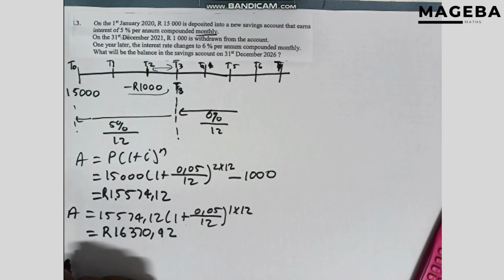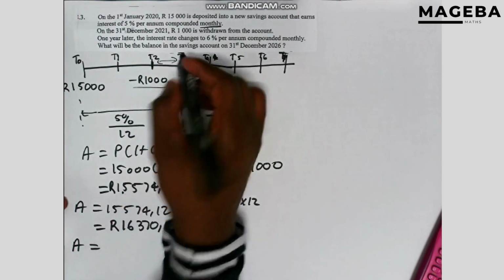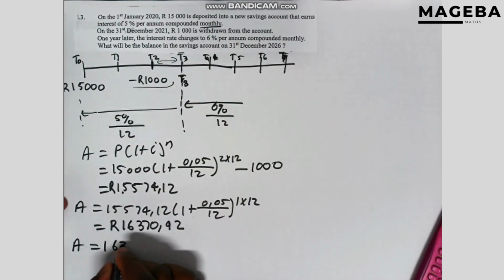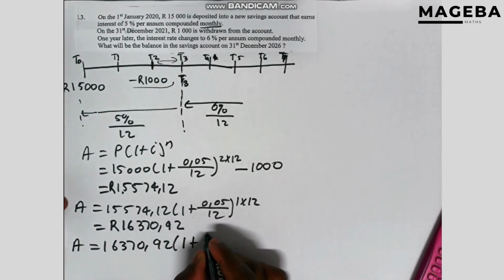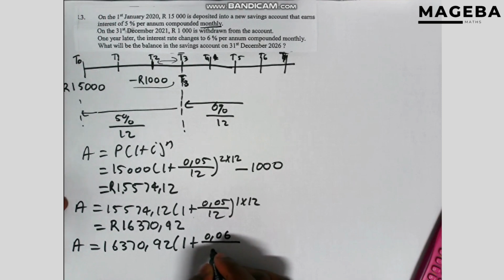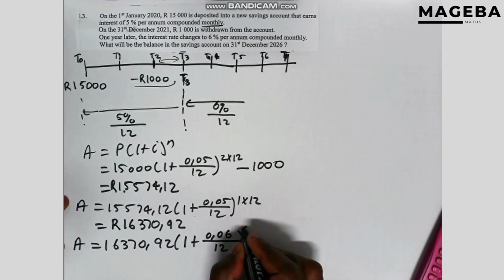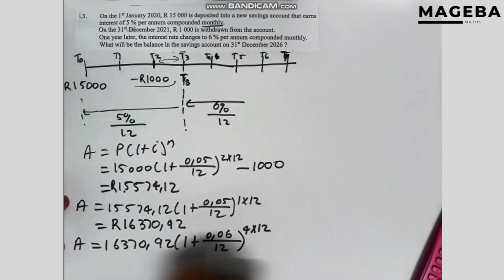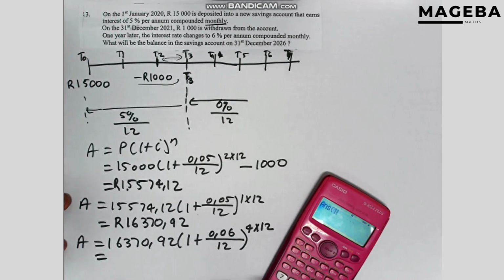Same equation, this amount on T3, 16,370.92, times (1 plus 0.06 over 12), still compounded monthly, to the power of 4 times 12.